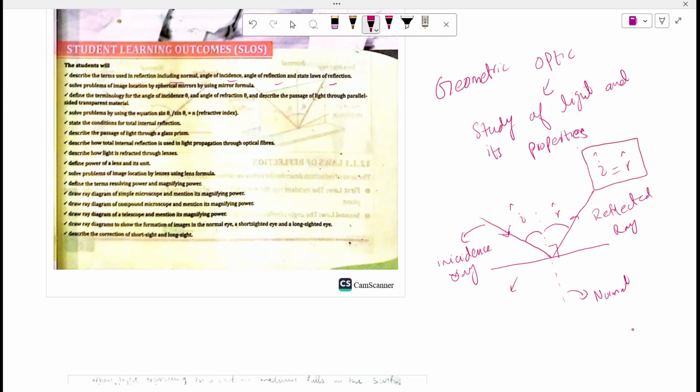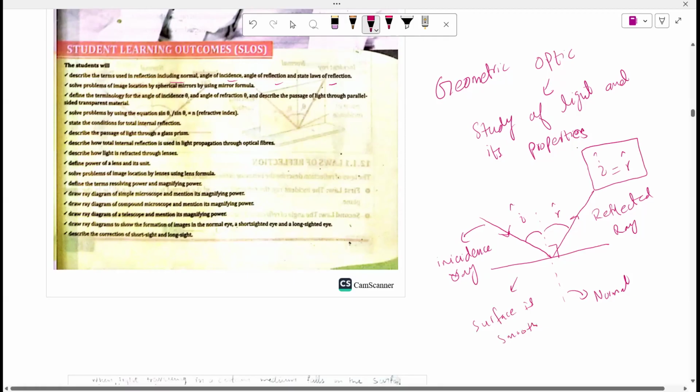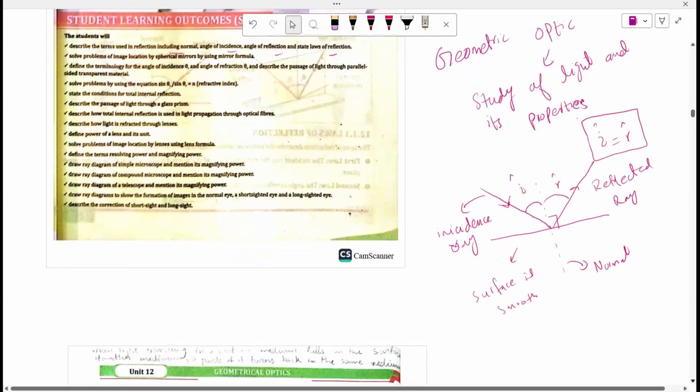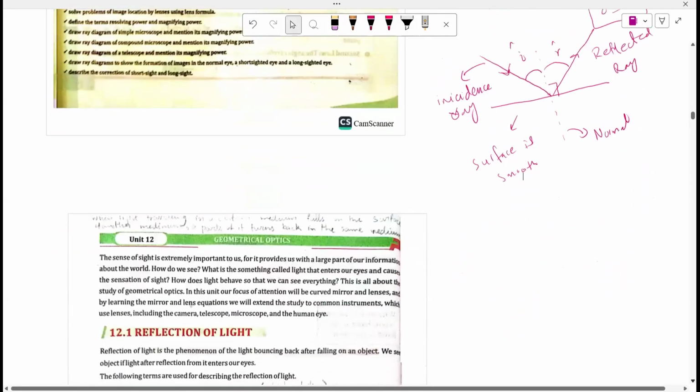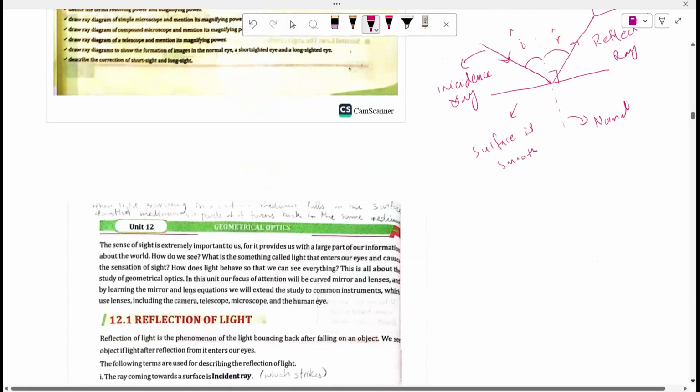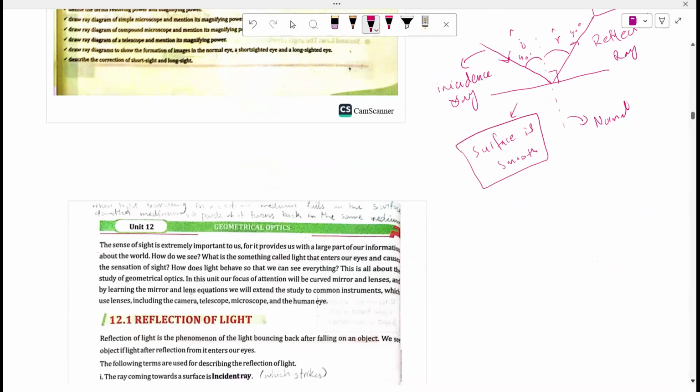But this only happens if the surface is smooth. That means there are no irregularities. Suppose the incident angle drawn is 40 degrees, the reflected angle would also be 40 degrees, only if the surface is smooth.